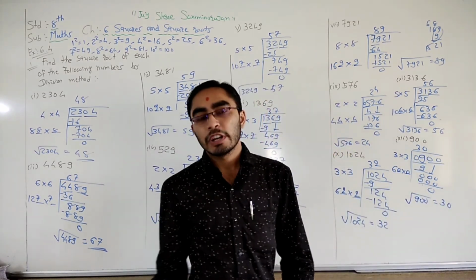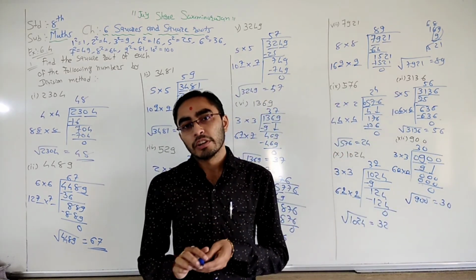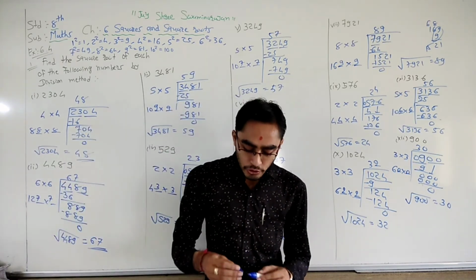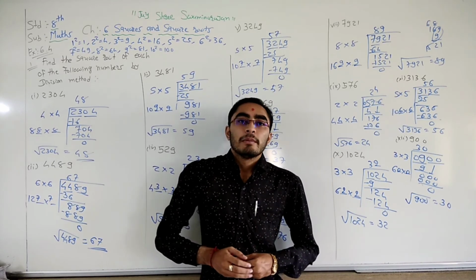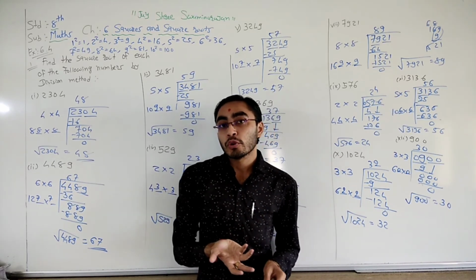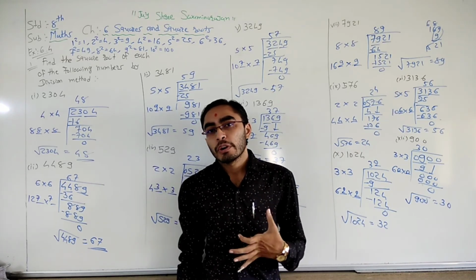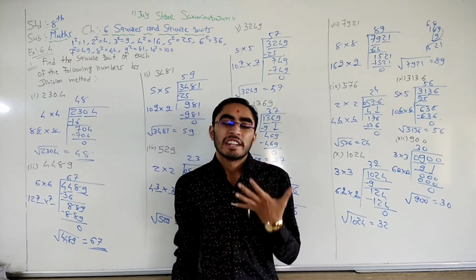So in this way we can find the square root by the long division method. Now why is this a very important method? Because by using the long division method we can also find the square root of non-perfect square numbers.